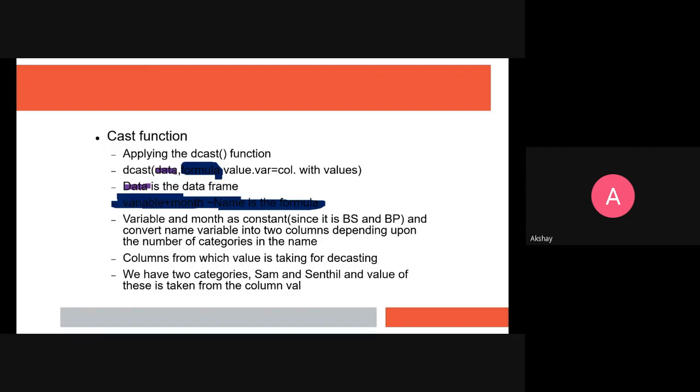Here we are considering the variable and month as constant because it contains BS and BP, and converting the name variable into two columns depending upon the number of categories in the name. The column from which value is taken is the one being cast. We are having two categories, Sam and Senthil, and the values are taken from the column value.